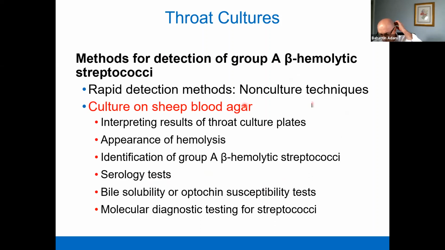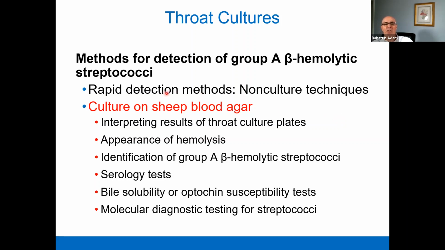The methods for detection of group A beta hemolytic streptococcus are important because it has some post-infection complications such as scarlet fever or rheumatic disease, and therefore it is important to identify them, to diagnose them.